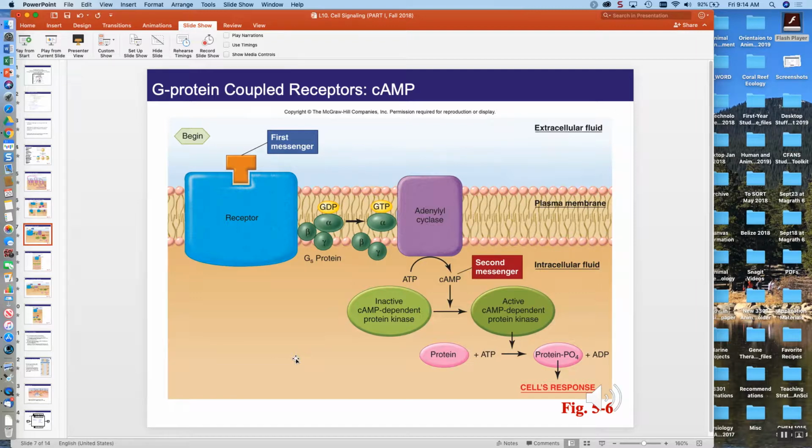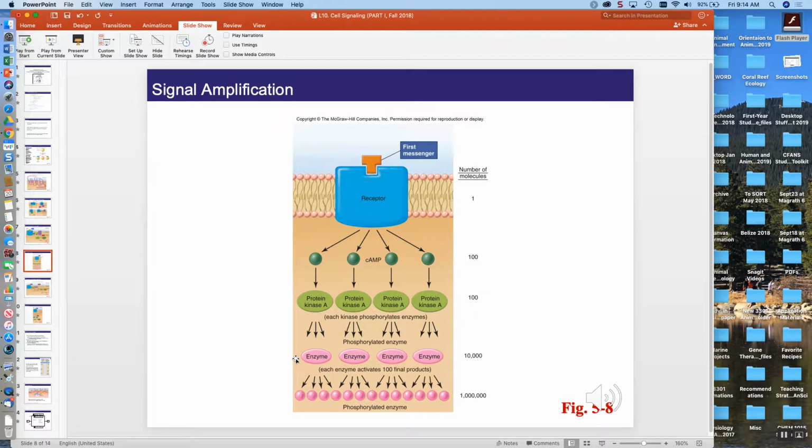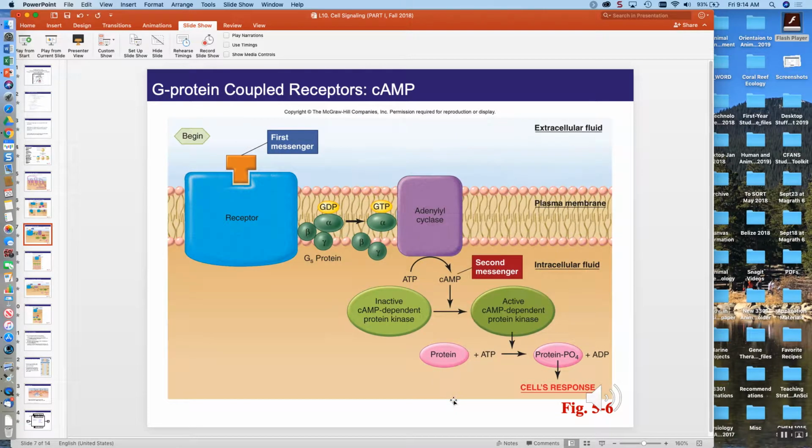See how this is just kind of static? But you can see this is the amplification that occurs. Cyclic AMP goes on to activate protein kinase A, which then goes on to activate many different enzymes and many more enzymes. So this is a true amplification global response within cells.